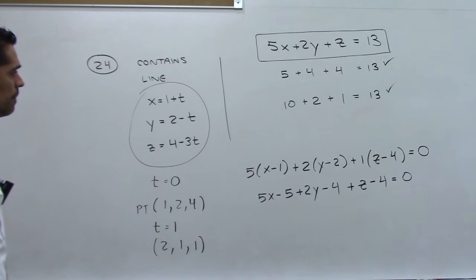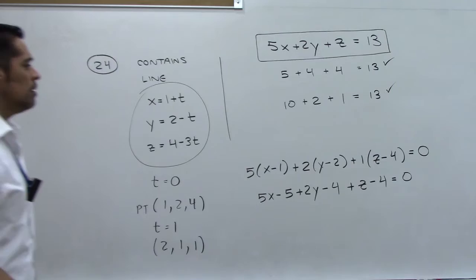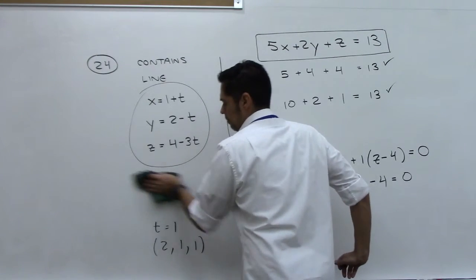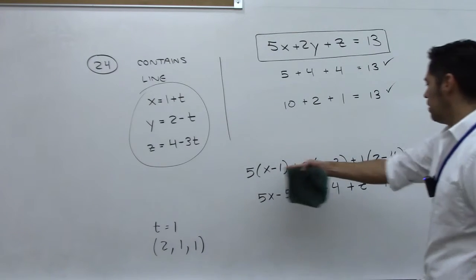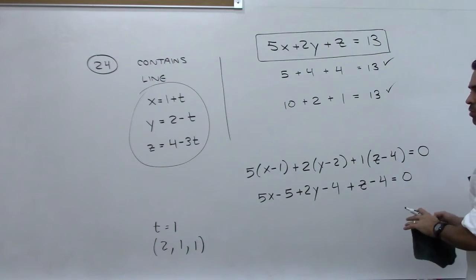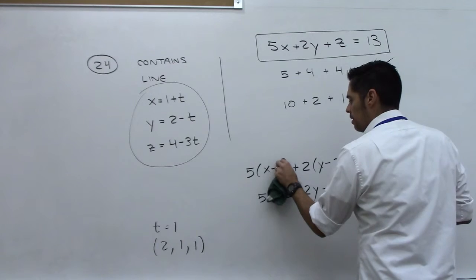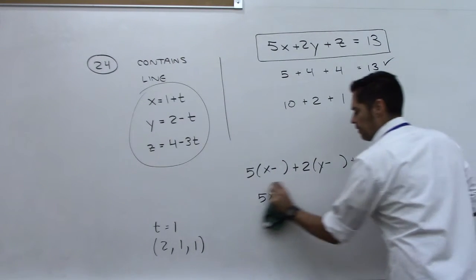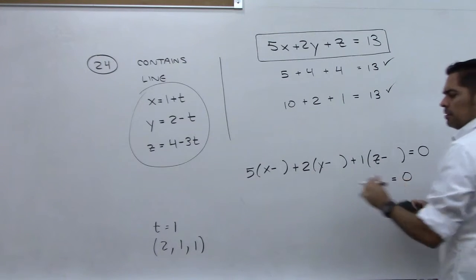That's very cool. So what if you would have come in here and you wouldn't have done t as 0, right? And you would have been trying to come up with this equation, and you would have used 2, 1, 1 instead. So this would have changed, right? Let's see the difference. See if we get a different answer.